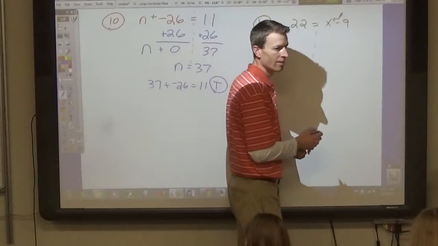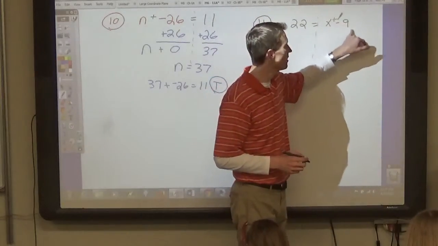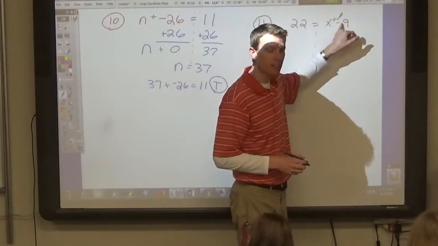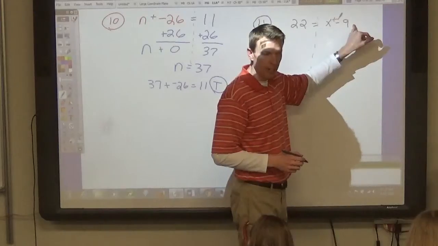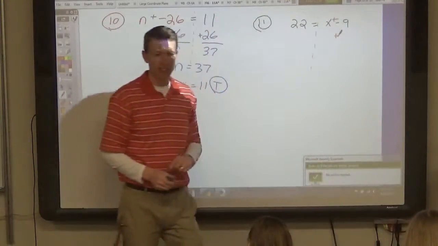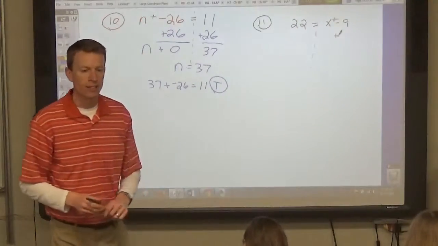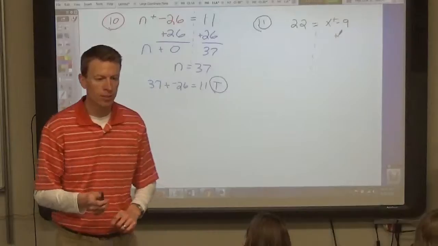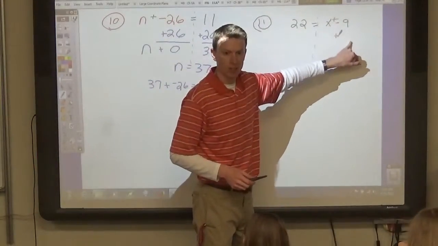And then we have to add the opposite of 9. This is negative 9. See what that does? This makes this negative 9, okay? We have to add the opposite of negative 9. What does that mean? What is it that we add to get 0?